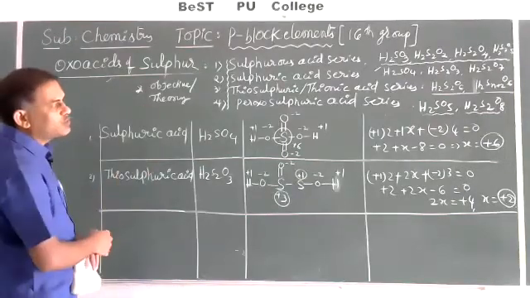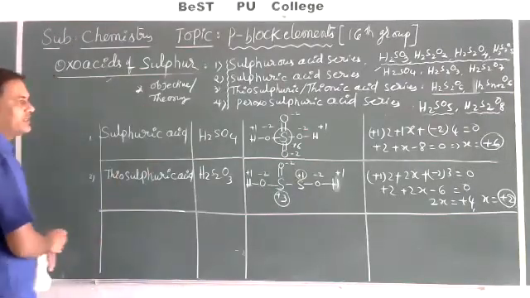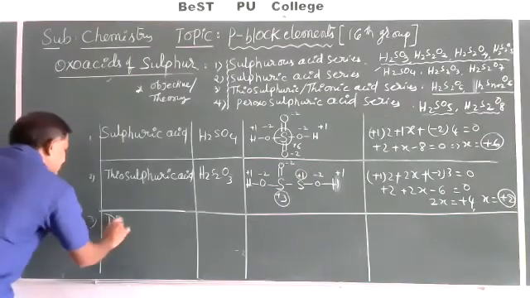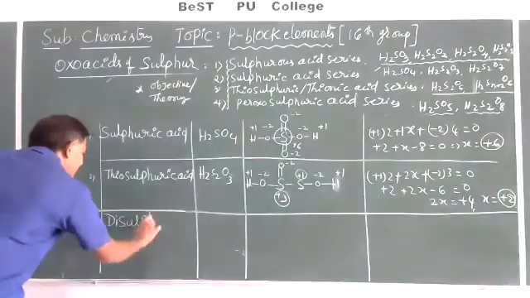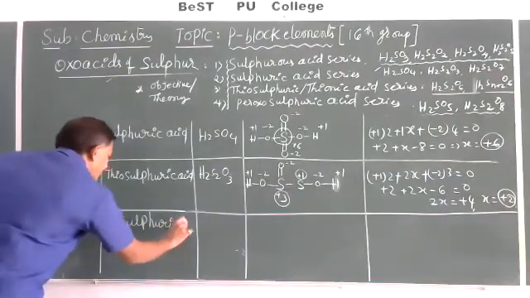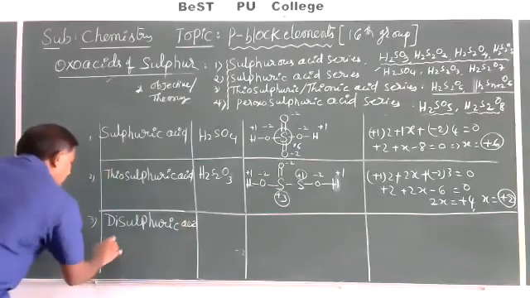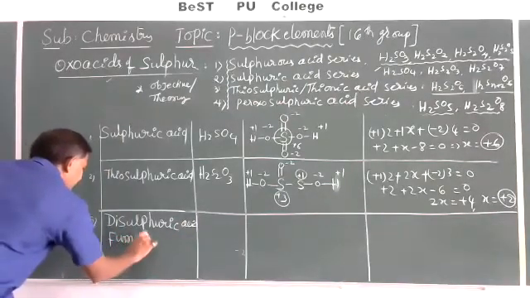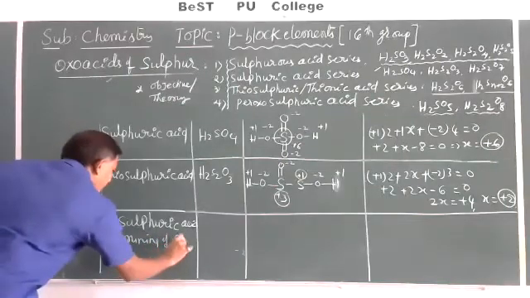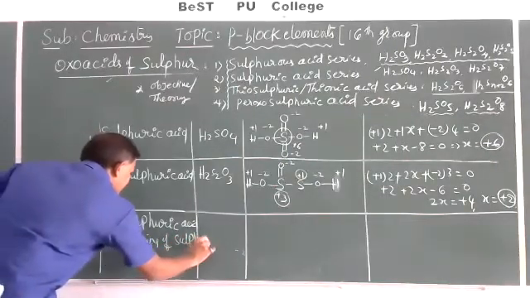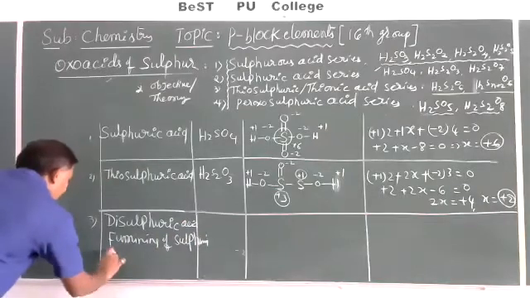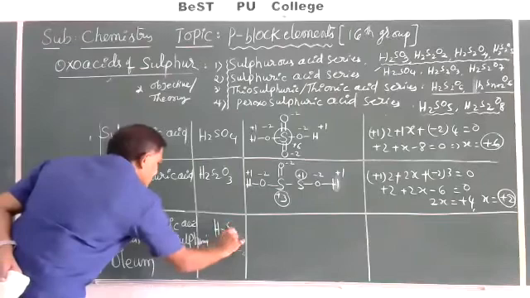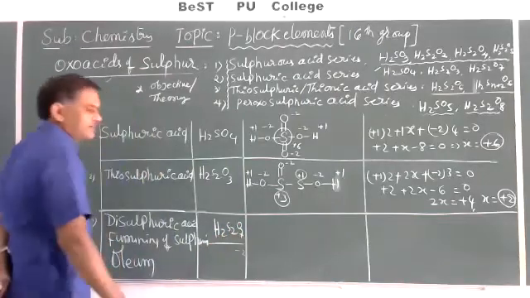Then here H2S2O7, very, very important. H2S2O7 is disulfuric acid. This disulfuric acid is also called fuming sulfuric acid, that is also called oleum. Its formula is H2S2O7.